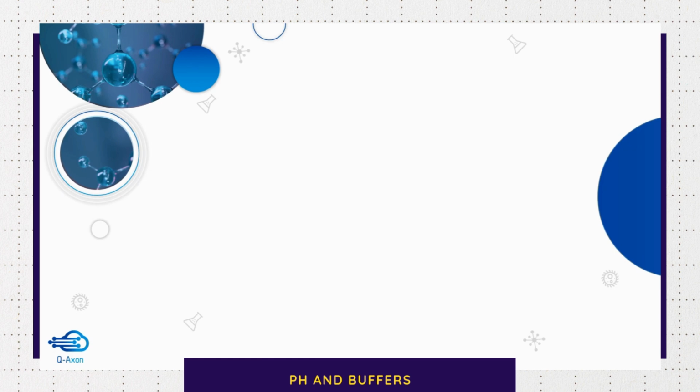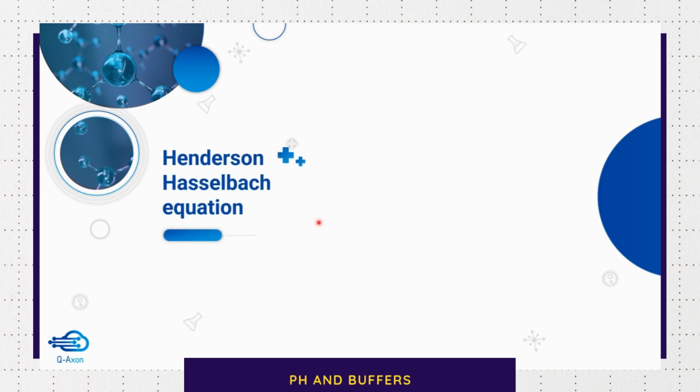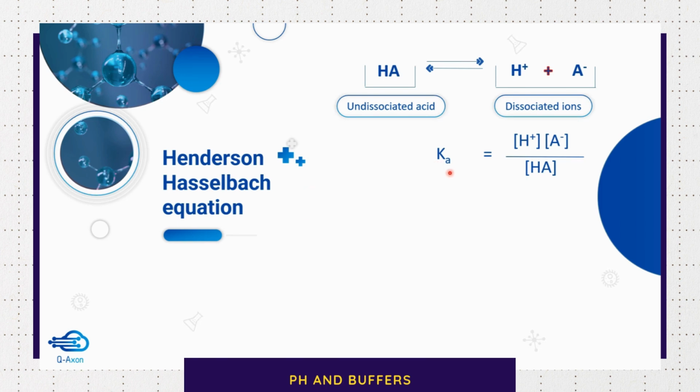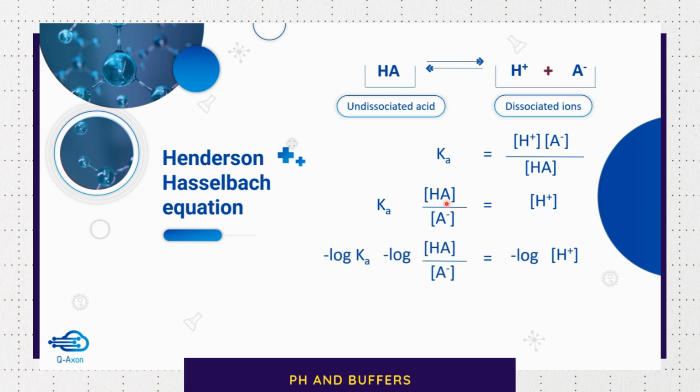Now if we solve for hydrogen ions in the same equation, what we will get is the Henderson-Hasselbalch equation. So this is the equation for the dissociation constant. Let us solve for hydrogen ions in this equation. These components will move towards the other side. So this will become the denominator on the other side, and the undissociated acid will go to the numerator of the other side. And now if we take minus logarithm of both sides, what we get is minus log Ka, which, if you remember, is pKa, and minus log H+ is pH.